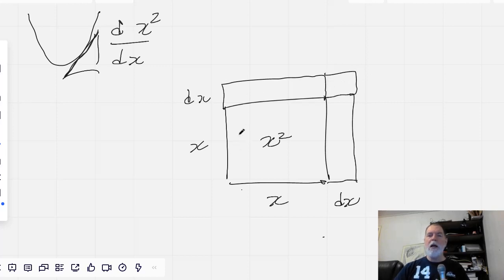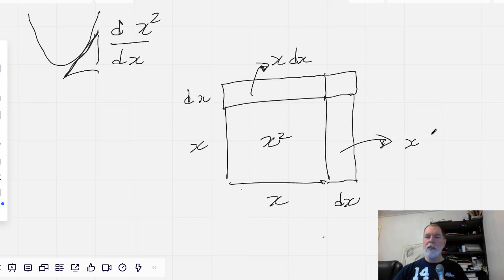And so now here's our new x squared, this bigger square. Now the question that we're asking is, how much did it go up? All right. So what's the area of this? Well, it's x times dx. And this is going to be the same.